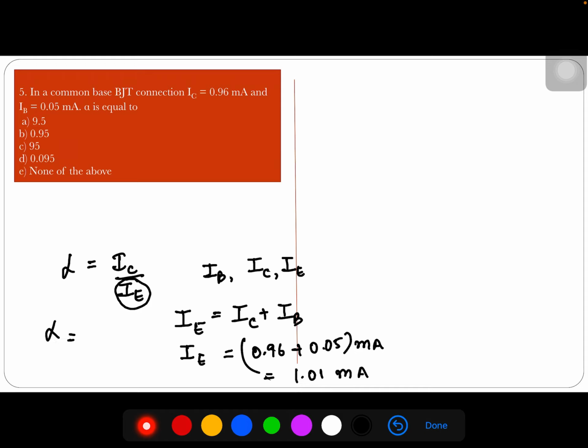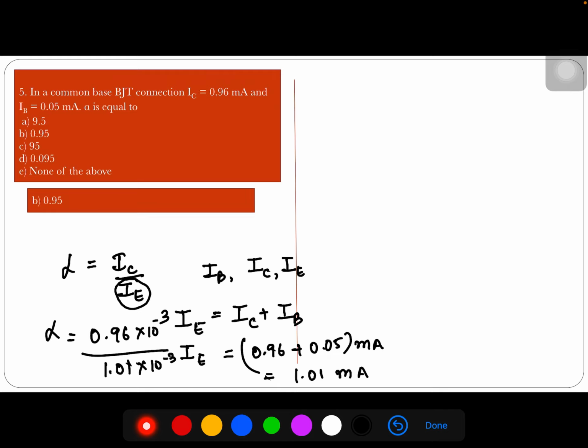Now you can use this formula by putting these values and you can calculate your answer. The answer will be 0.95. You can verify it through your calculators. This will give you 0.95.